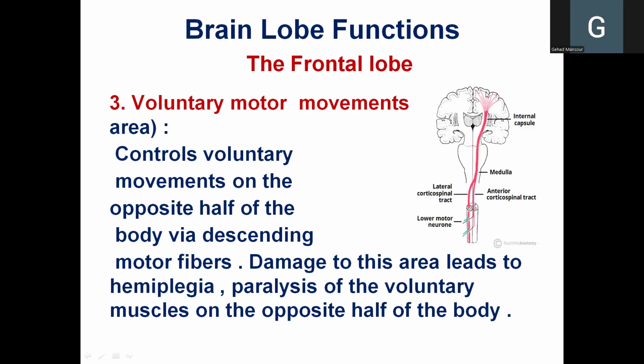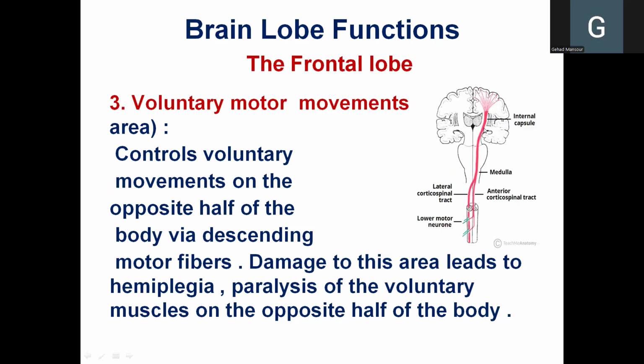The upper motor neurons arise in the motor area in the frontal lobe, descend through the internal capsule in the substance of the cerebral hemispheres, and then in the medulla oblongata they decussate at the level of the medulla to go to the other side and give motor orders to the skeletal muscles on the opposite side of the body.